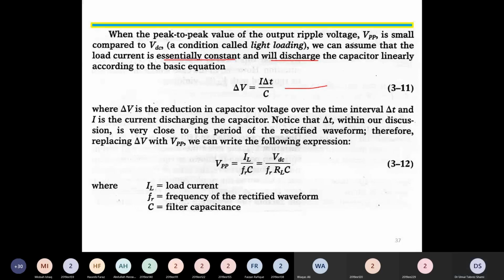Therefore, delta T has been replaced by 1 over FR, because 1 over FR is the time period. Therefore, we come to equation number 3.12.